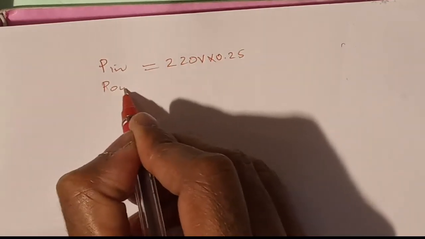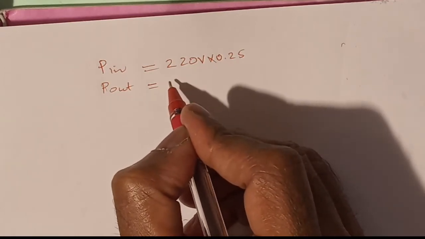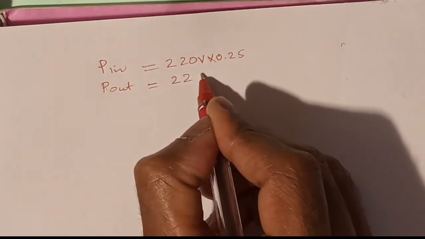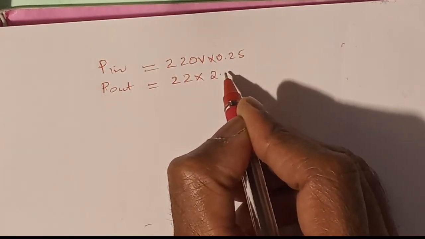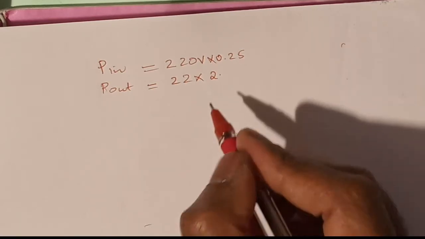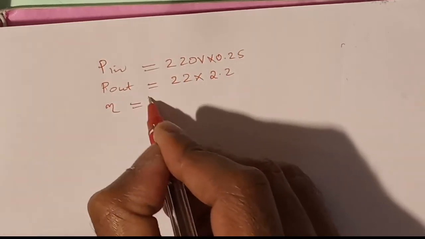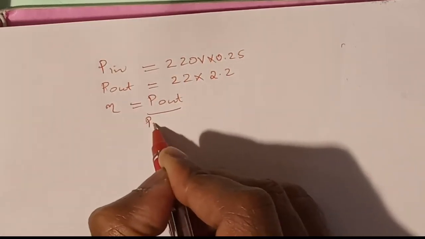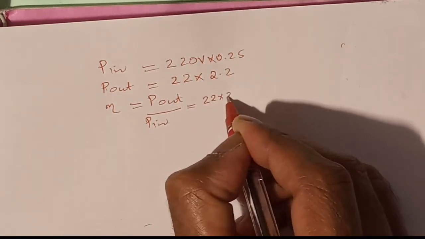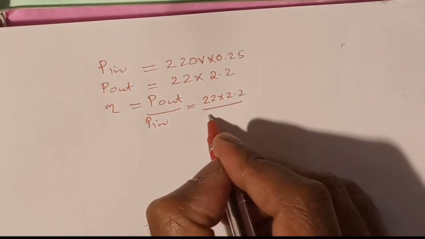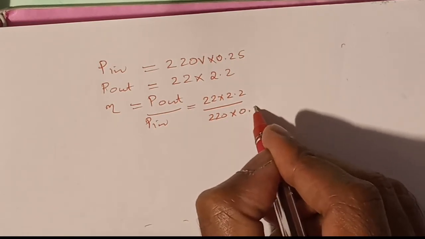For P output, 22 volt is applied across a 10 ohm resistor, so the output voltage is 22 and the current is V by R, that means 22 divided by 10, 2.2 amps. Now efficiency equals P out divided by P in. P out is 22 multiplied by 2.2, divided by 220 volt multiplied by 0.25.